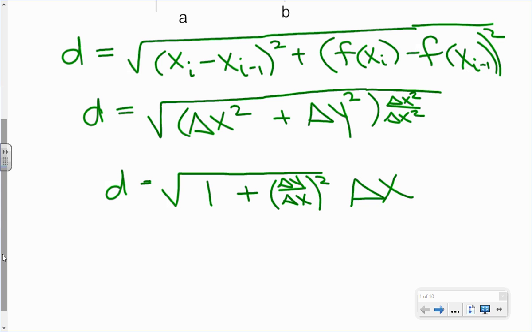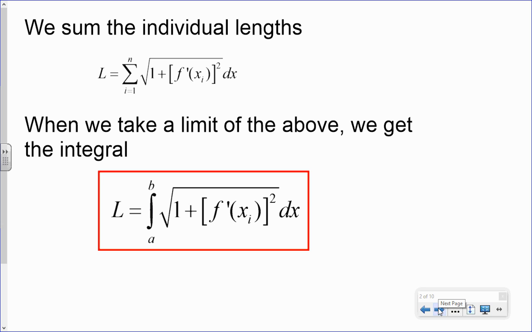Up here, I did this really funky notation, right? That's any arbitrary x value. If we take all of these arbitrary x values along a curve, we find their minute change in distance, and we add them all up. Where's this going? We add all of these individual lengths, we sum them up by taking the integral from a to b, square root of 1 plus f prime of x squared dx.